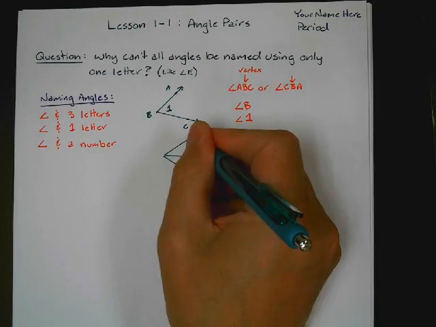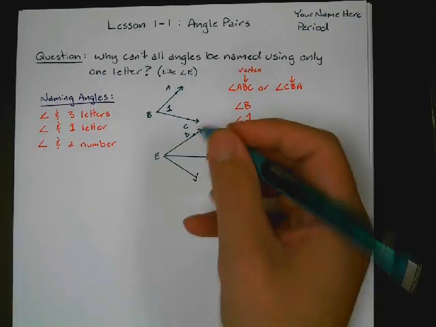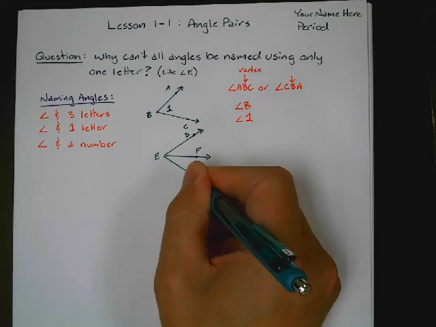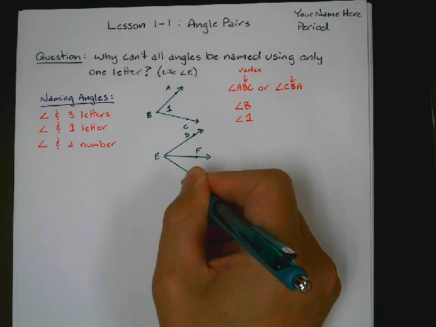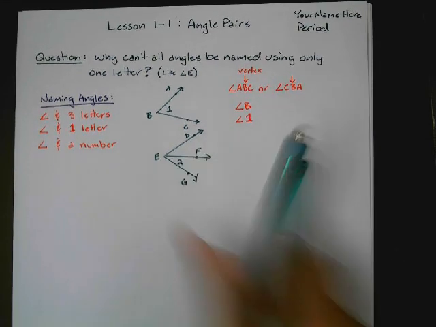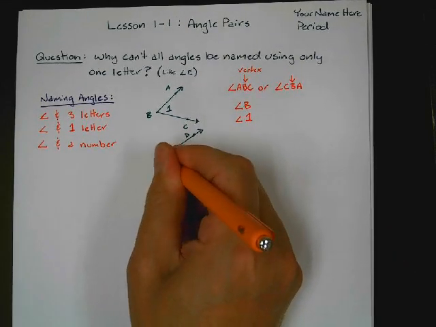I'm going to name this D, this will be E, this will be F, and this one will be G. Let's put a 2 right on this one. So we're talking about just that angle right here.